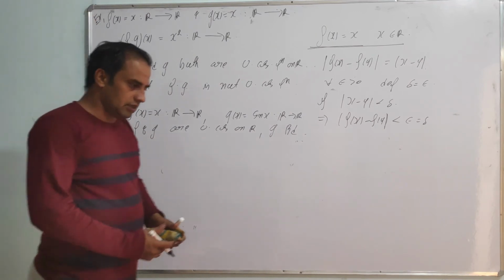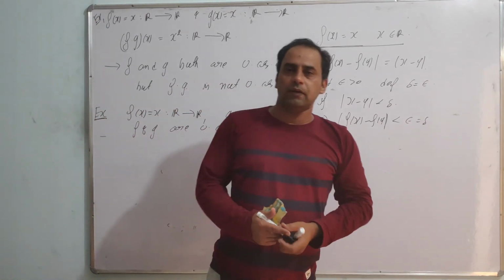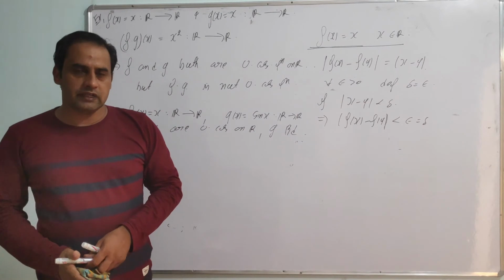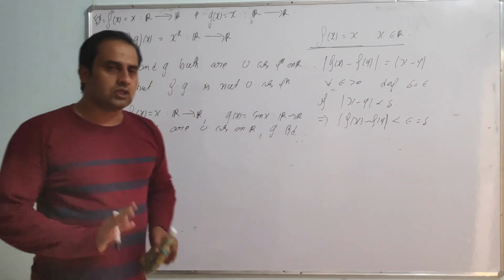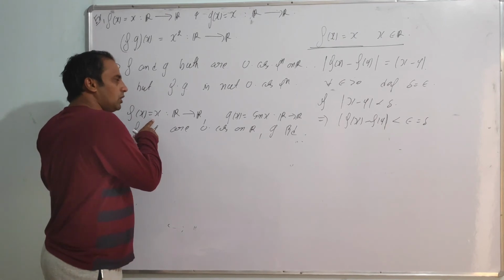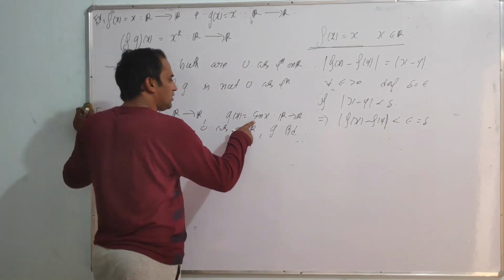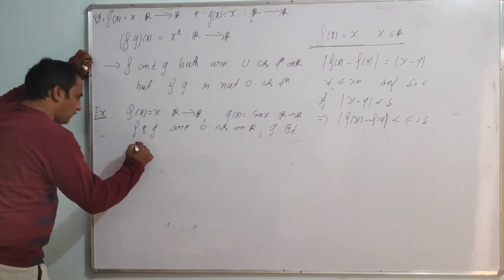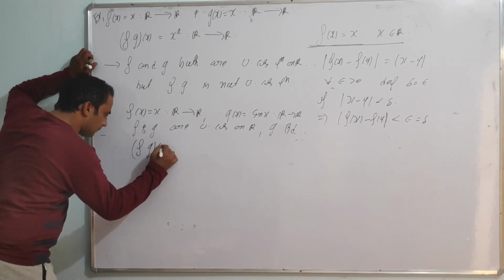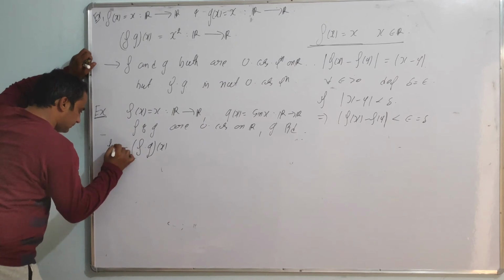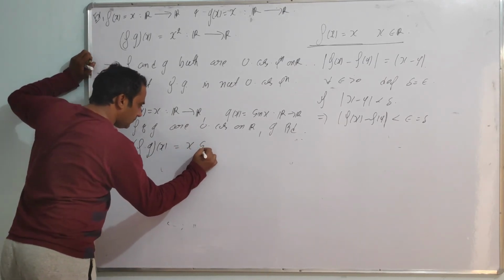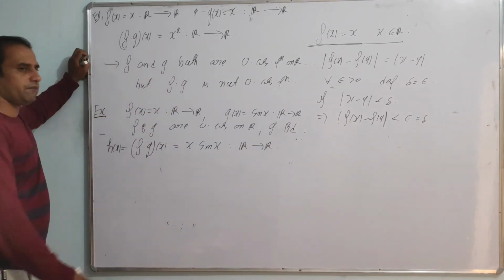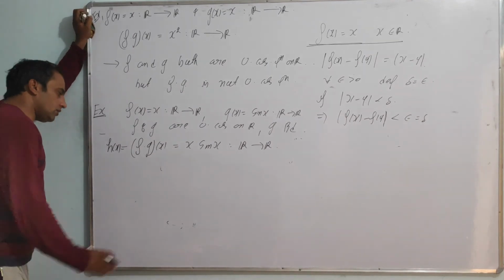So basically, the statement is: f is uniformly continuous and g is uniformly continuous and bounded, then f times g is uniformly continuous. Is this statement true or false? For that, consider f(x) equal to x, which is uniformly continuous, g equal to sine x, which is also uniformly continuous, and g is bounded. Now consider f times g of x, say this is h(x), which is x times sine of x, also defined from the real line to the real line. Now we have to verify whether this is uniformly or non-uniformly continuous.